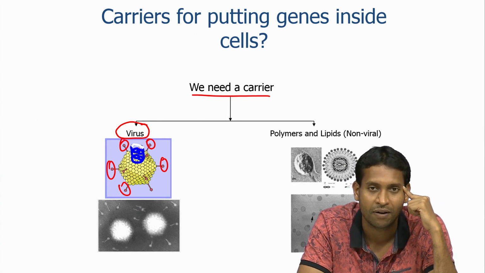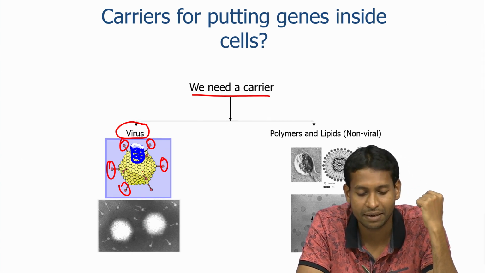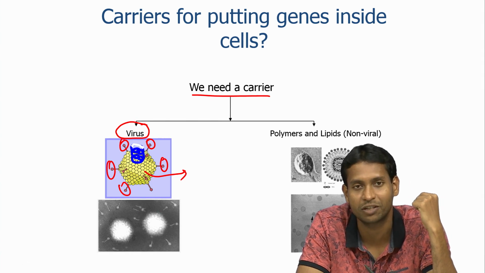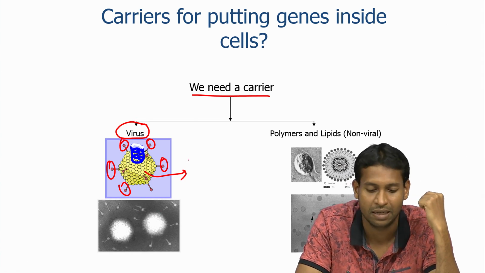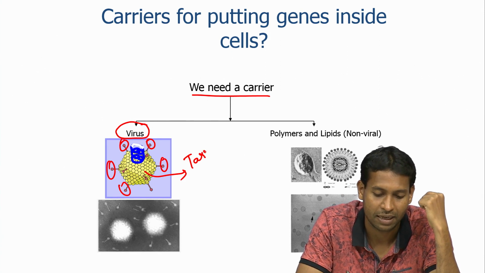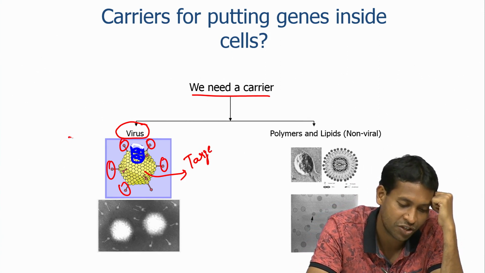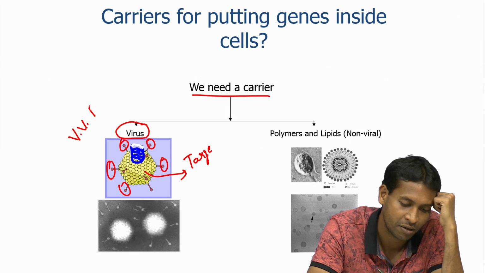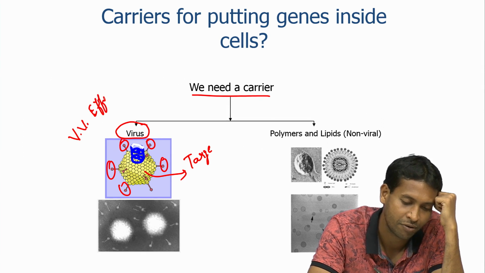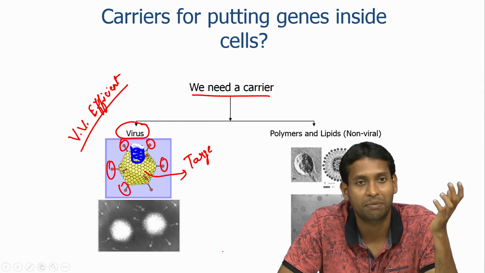So, you can take this virus, remove the viral genome, put your gene of interest into the virus, and then let the virus go and deliver your gene of interest to your target cell. And this is actually very, very efficient, and the whole reason is that they are well adapted to do this.